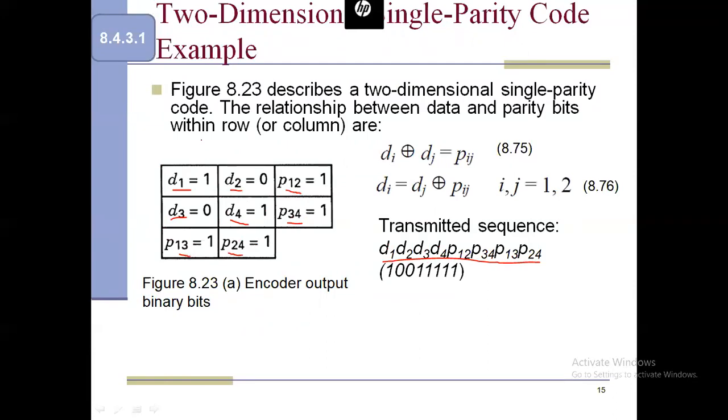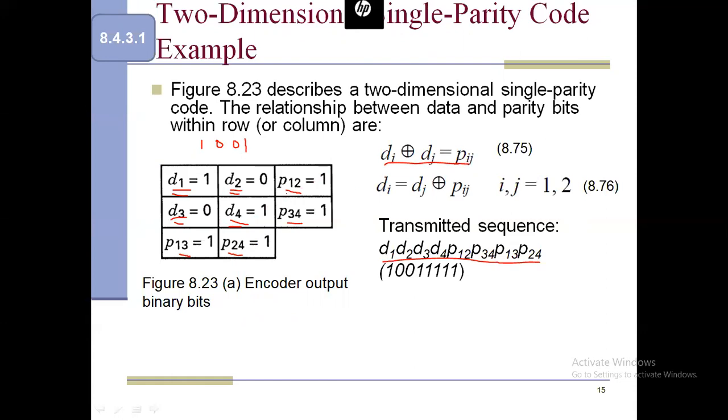If we know the message 1, 0, 0, 1, we can write D1, D2, D3, and D4. And the parity is calculated by this.